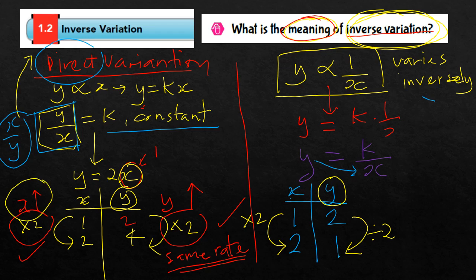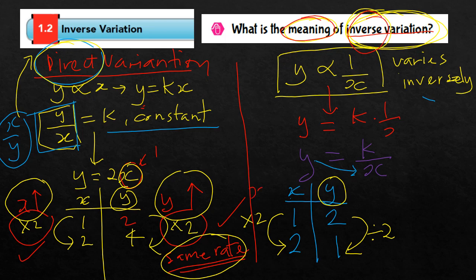X goes up, y also goes up with the same rate. That is direct variation. But for inverse variation, you see what happened. When x increases times 2, your y actually decreases, but with the same rate.